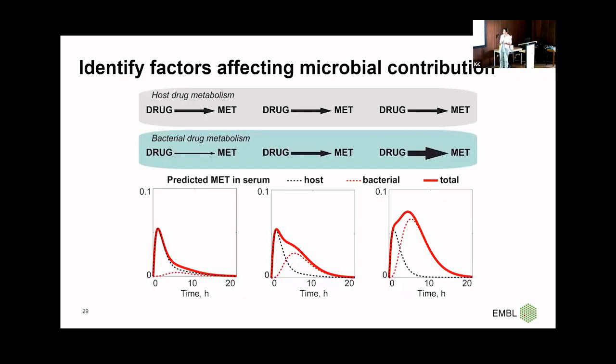With this model at hand, we can also try to identify factors that affect microbial contribution to the host metabolism. Here, for example, we can fix the host drug metabolism and simulate in silico what will happen if we have different bacterial drug metabolism parameters, corresponding to microbiota with different metabolic capacities, and predict how much drug metabolite will be observed in serum.